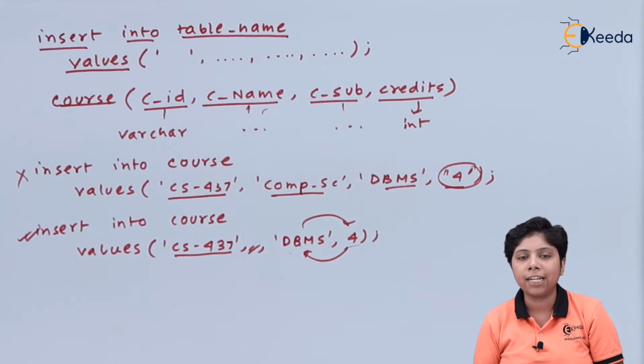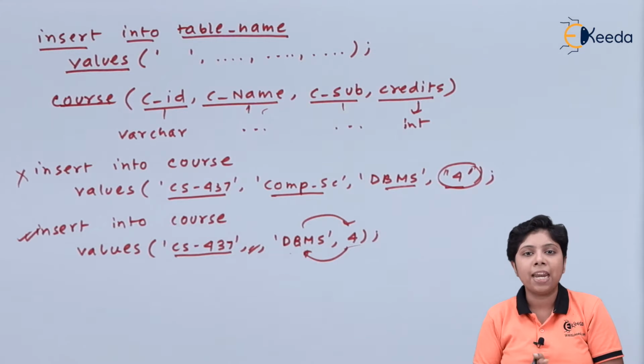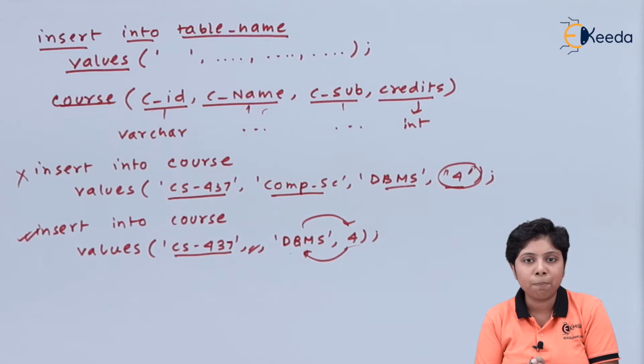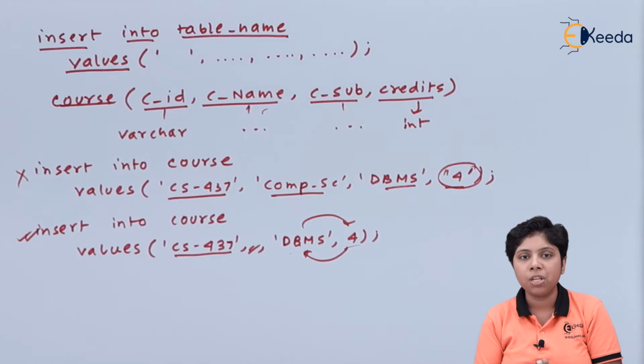Each of them has 4 attributes and the attribute data types match with each other. It doesn't matter if the attribute names are different, but their types should match. If the data types match and the number of attributes is the same, then only we can put some values from one relation into another relation. We will see how to do that.